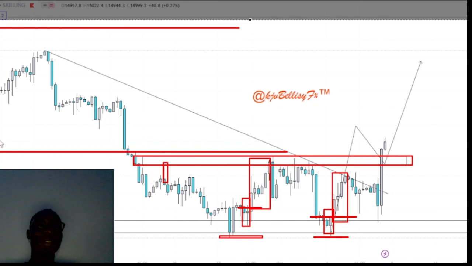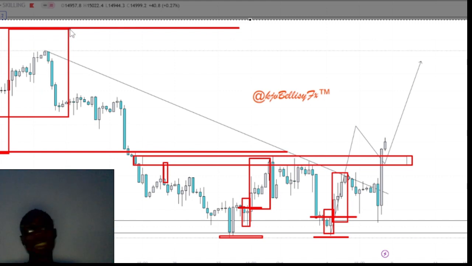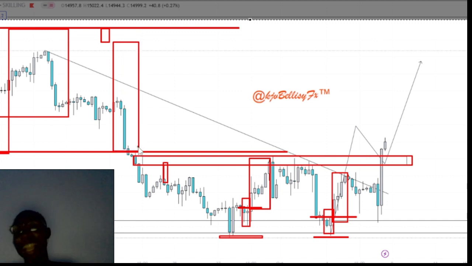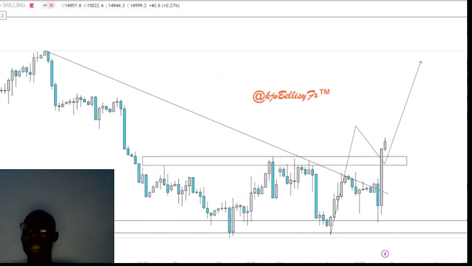When price leaves this floor, the only thing price is thinking of is to get to this roof. Until price gets to this roof, I will not sell. If price is leaving the roof, what price is thinking of is to get to this bottom. If it doesn't get to this place, I will not buy. Do we understand what I'm trying to say?